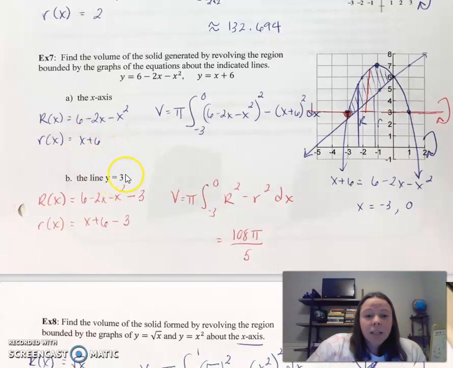But in this case, since we're stopping at 3, it'll be big R minus 3. And then little r, same thing, little r minus 3, which is x plus 6 minus 3. So then you do the same idea. I got lazy and just wrote R squared minus little r squared.